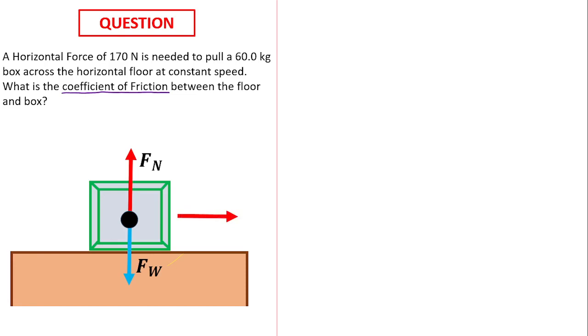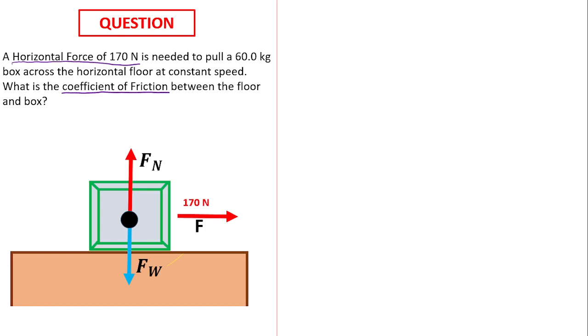This is the force which was applied. Remember, there is the horizontal force. This horizontal force is the one which we can analyze, which is just F. So what is the size of this force? The size of this force is just 170 Newton.